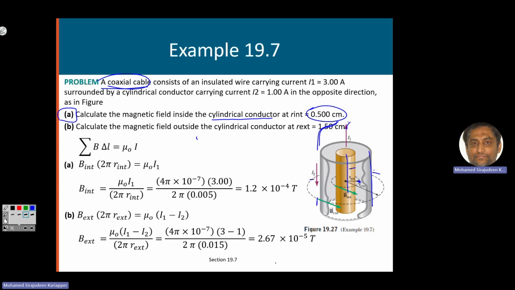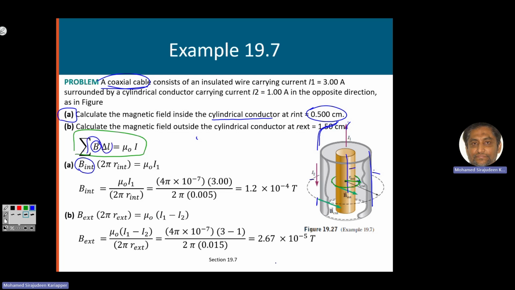To answer this question, we imagine a circuital path, a circle, say this green line of radius 0.5 centimeters, and we do the same thing like before. This is Ampere's law. We say that B is a constant because of symmetry, so I can take it out.